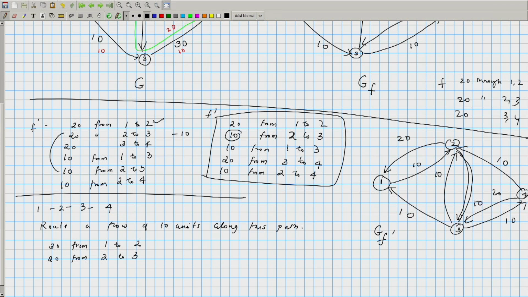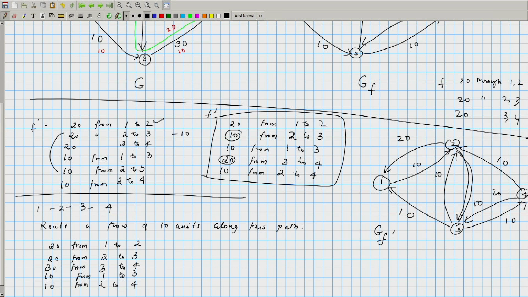And 3 to 4 is the other one that is affected. There was a flow of 20 from 3 to 4, we are increasing it by 10. So, 30 from 3 to 4, and the other edges they remain untouched. 10 from 1 to 3, that is going to be remaining as such, and 10 from 2 to 4 is also going to remain as such.